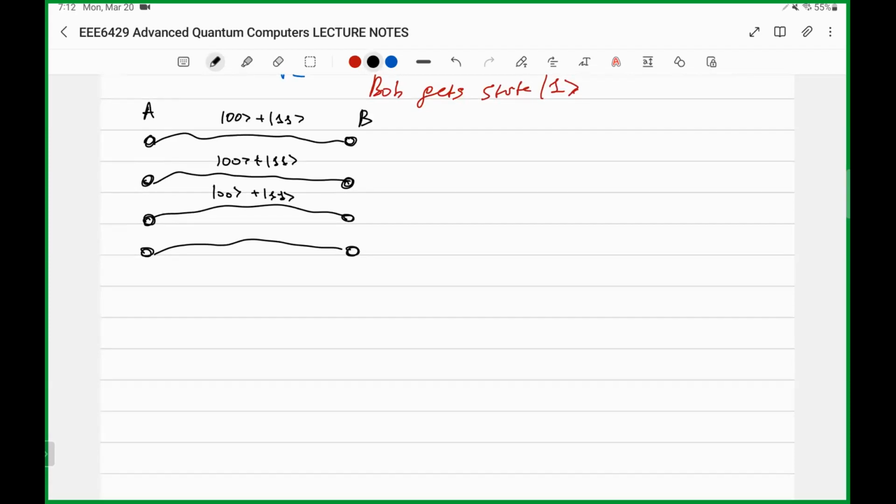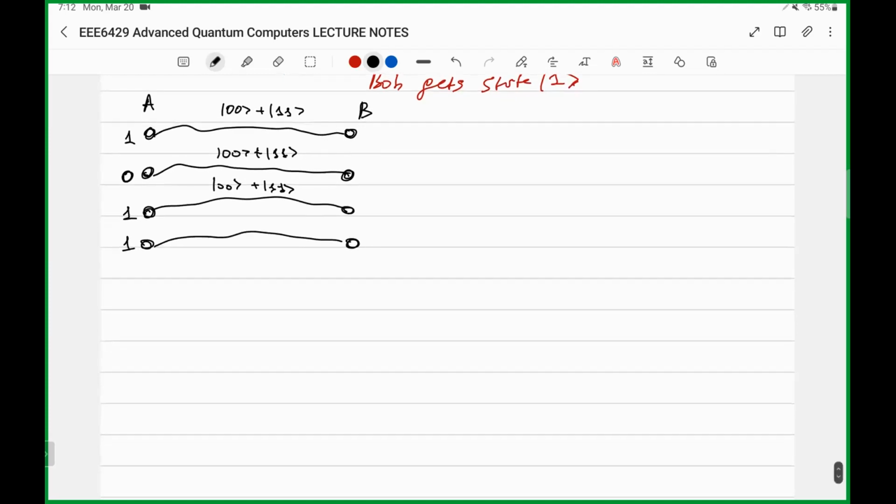So let's suppose Alice now does the measurement and gets the state 1 here, state 0 here, the state 1 here, and the state 1 here, for example. Then she certainly knows that when Bob does the same measurement, he will get 1, 0, 1, 1.